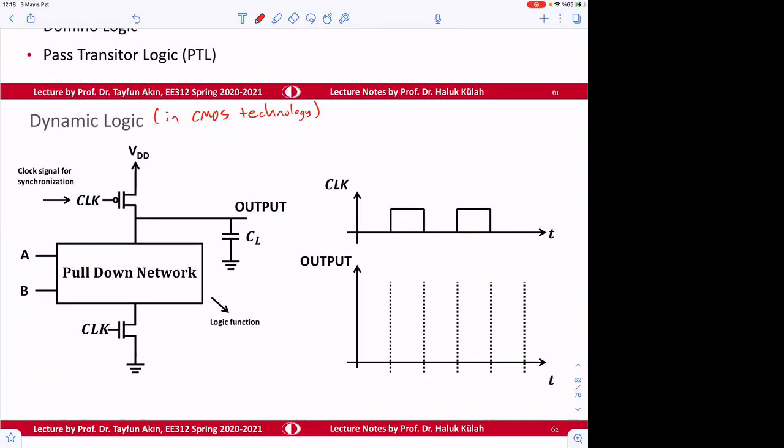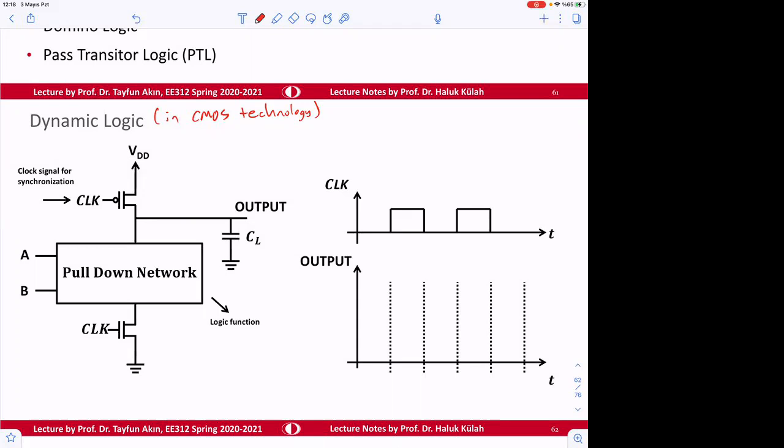It is sometimes preferred to select some other logic types, and one of them is the dynamic logic. The dynamic logic is the logic where the output is synchronized with the clock.